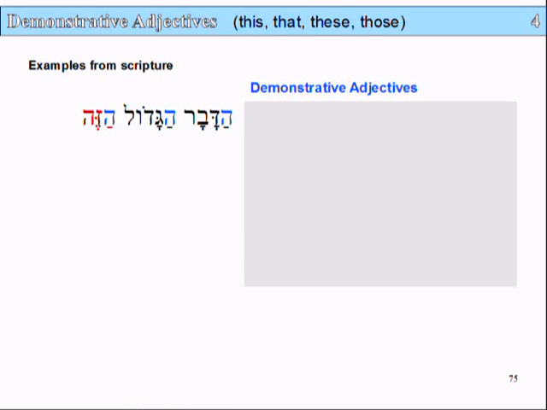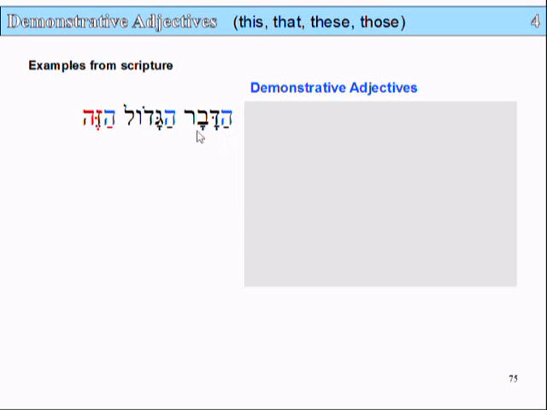Hadavar. Davar means word or thing. Very interesting. The word for thing in Hebrew is also the same word for word, because everything in creation is actually created by His word.